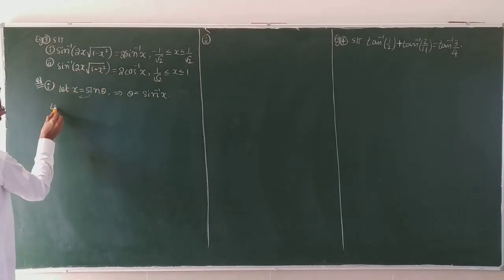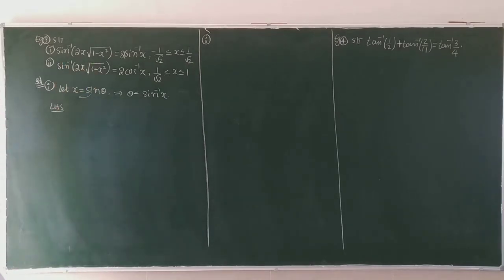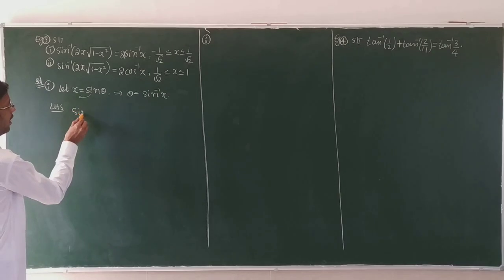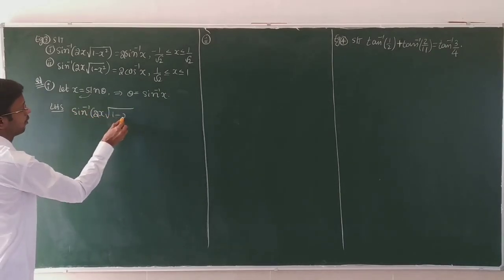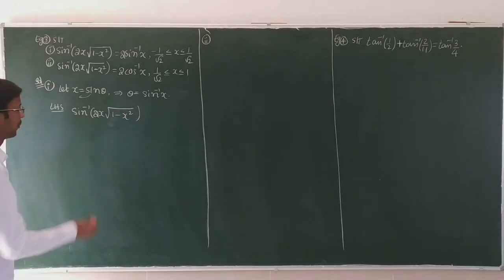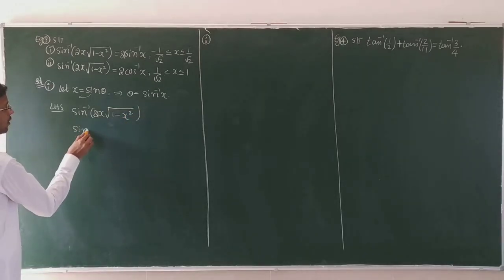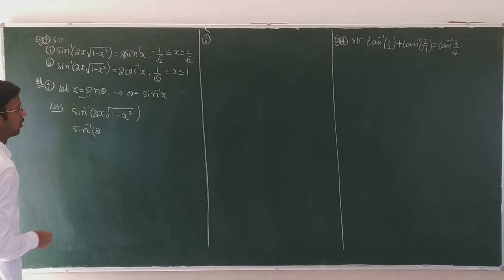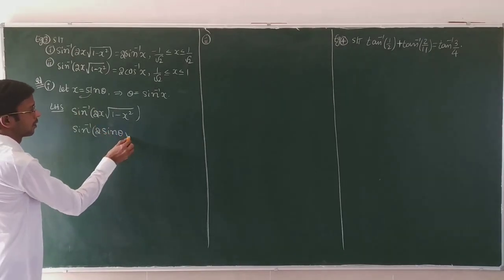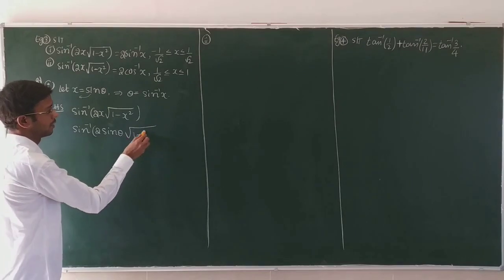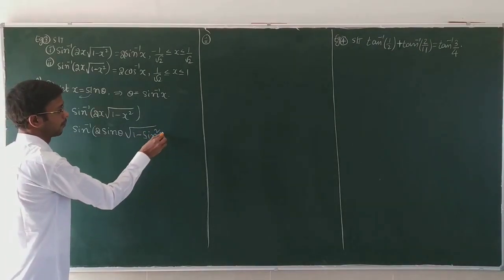In the LHS, what I am taking: sin inverse of 2x square root of 1 minus x square. Sin inverse of 2, x is sin theta, square root of 1 minus sin square theta.